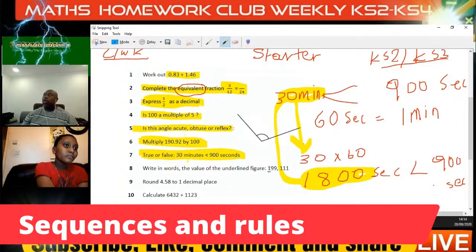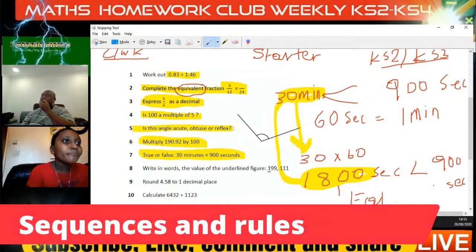So therefore, true or false? The answer is false, because 30 minutes is much bigger. It's twice 900 seconds. So the answer is false.